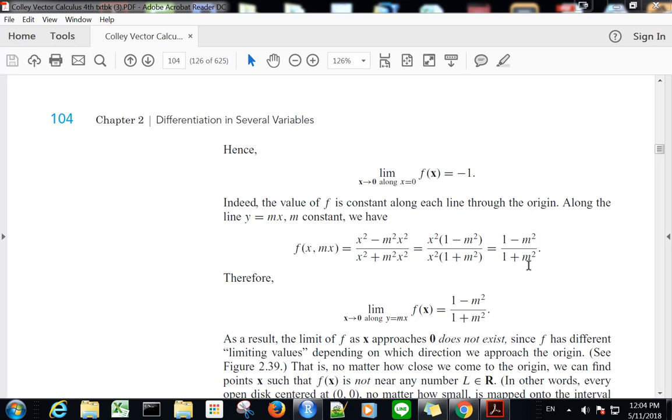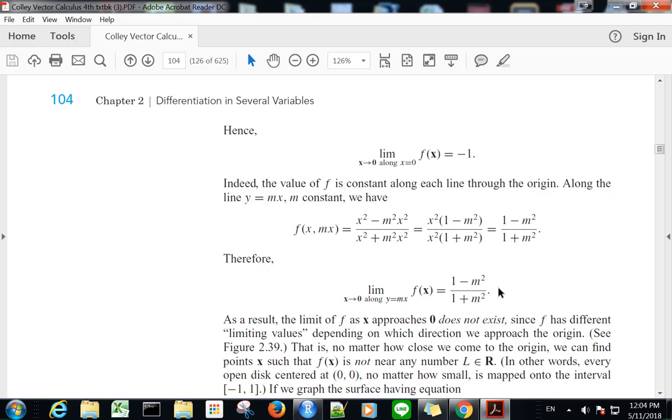This is the general form, so we see that it clearly depends on the line by which we approach (0, 0). Therefore, there's no single unique limit. As a result, the limit of f as x approaches 0 does not exist, since f has a different limiting value depending on which direction we approach the origin. That seems pretty weird, but that's the way this behaves.